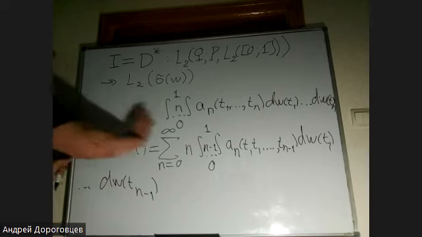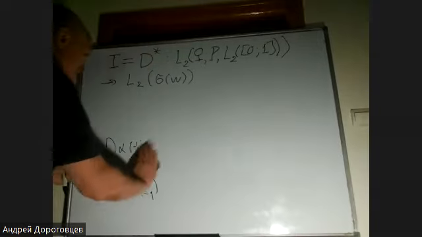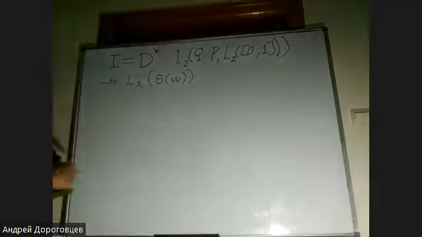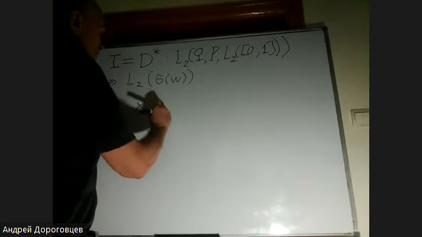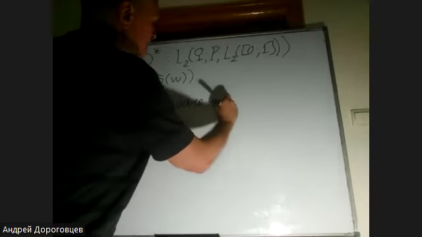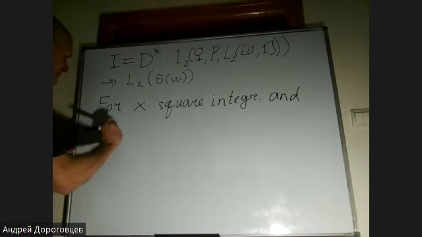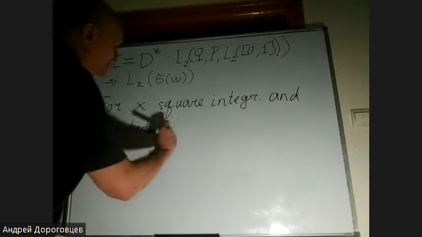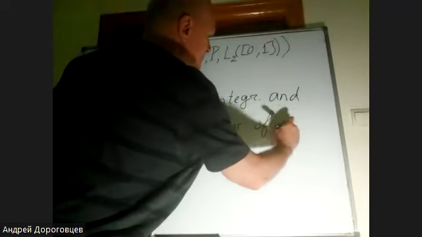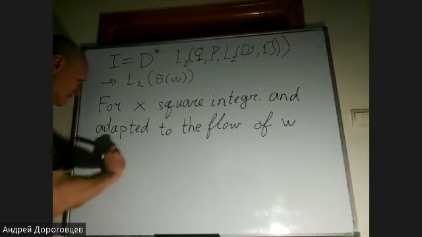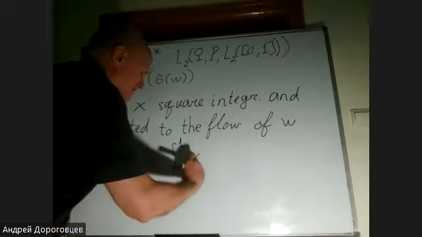Namely, we discovered that if we have a square integrable random function X which is adapted to the flow of the Wiener process W, then the extended stochastic integral of X coincides with the Ito stochastic integral of X(t) dW(t).